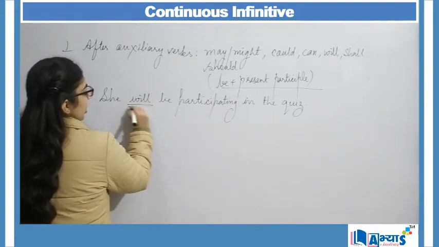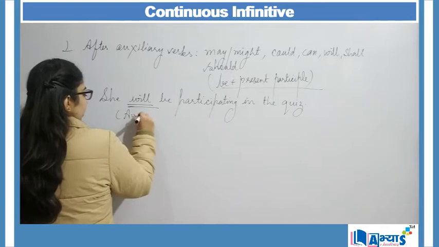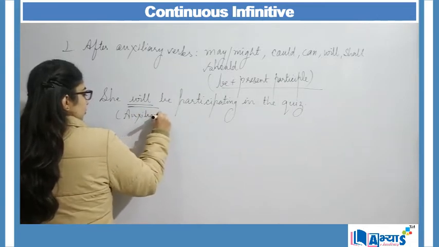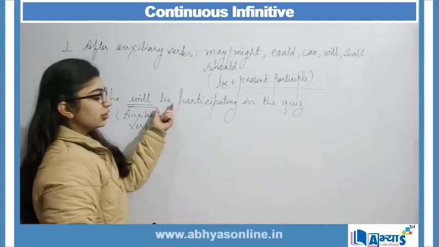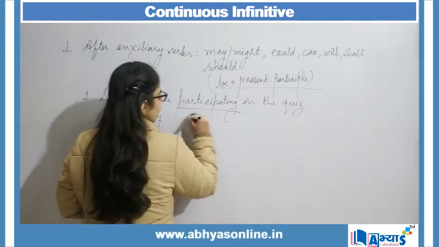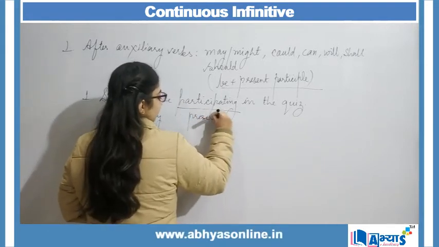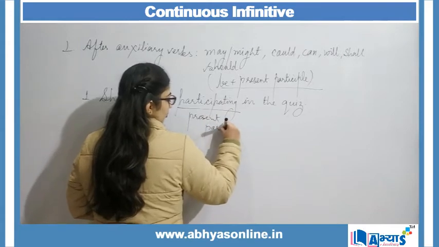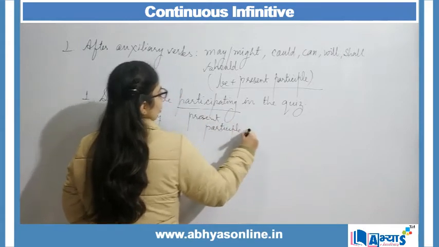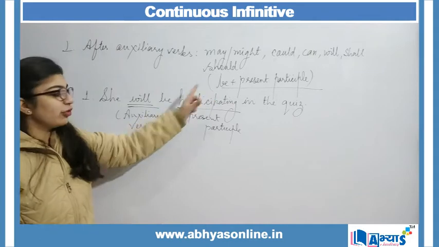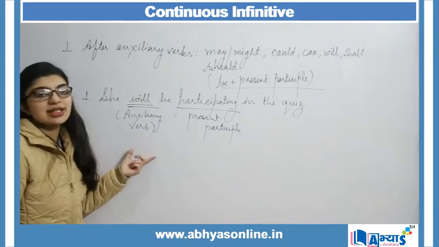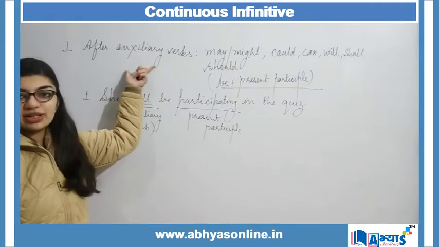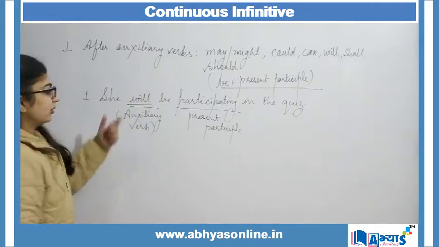Here, will is my auxiliary verb, and along with the auxiliary verb I am using be plus participating, which is my present participle. So my sentence follows the rule above, and it has the application of this format.